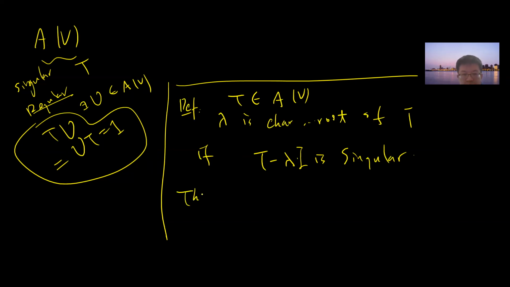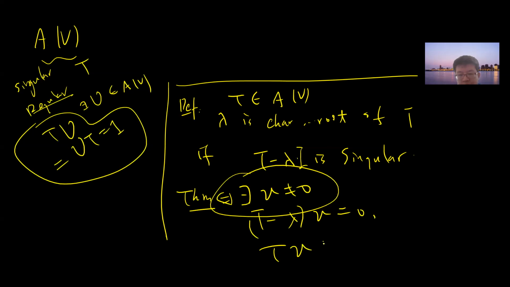So theorem: since any element that is singular means that you can find a non-zero vector v such that (T minus lambda)v is 0, the theorem states that this holds if and only if there exists a non-zero v such that Tv equals lambda v. Okay, so this is a common notation.